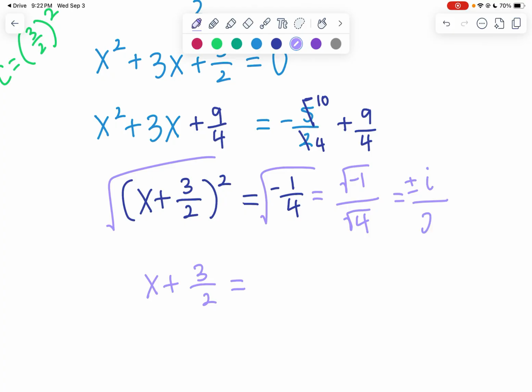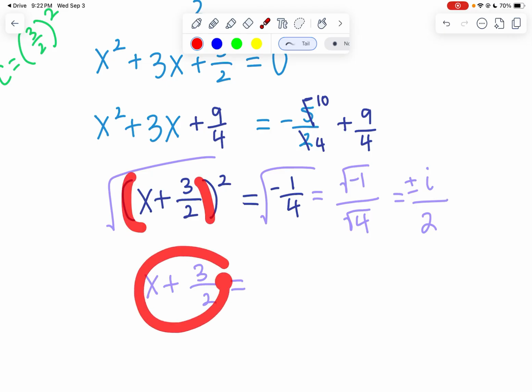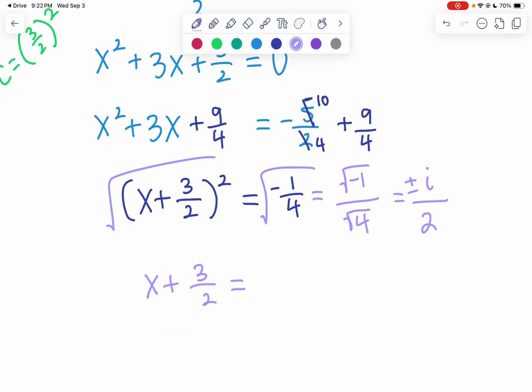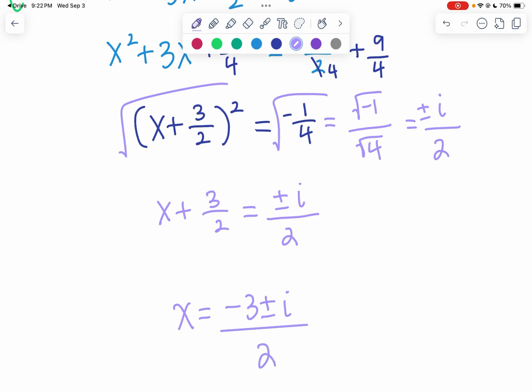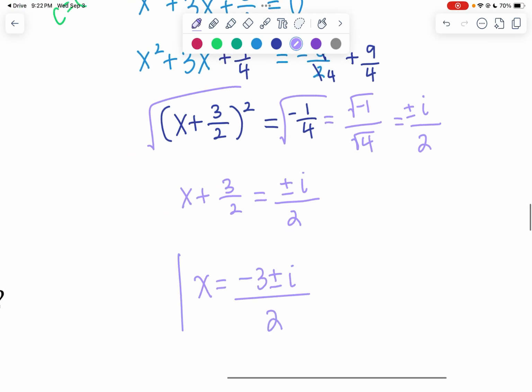And the square root of 4 is just 2. So once you square root it, the square root of x plus 3 over 2 squared cancels right to x plus 3 over 2. And now I just have plus or minus i over 2. Subtract 3 halves. Notice still a common denominator. So I'm going to say negative 3 plus or minus i over 2. And that's your answer.